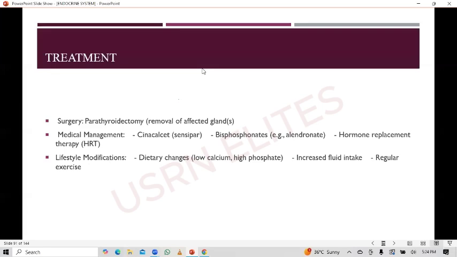I want us to list some examples of vitamin D rich foods, so that in an attempt to prevent this condition, we can start taking them. Even you and I can start taking them to prevent hyperparathyroidism. Can we list some vitamin D rich foods?